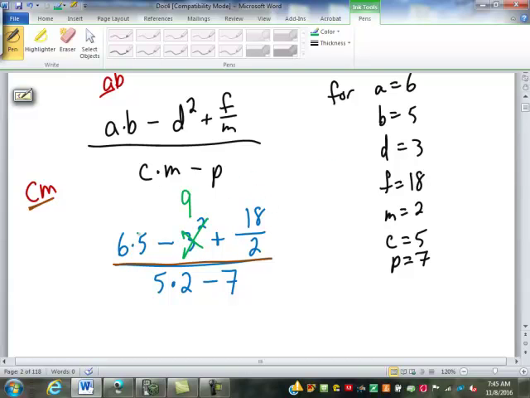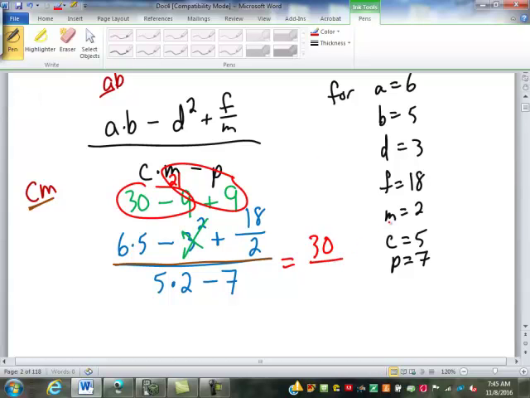What's the next thing I have to do? Multiply and divide. So I got 6 times 5 is 30. 30 minus 9, and then I've got 18 divided by 2, which is 9. Now I have 30 minus 9, which is 21, plus 9, which is 30 again. So the top becomes 30.